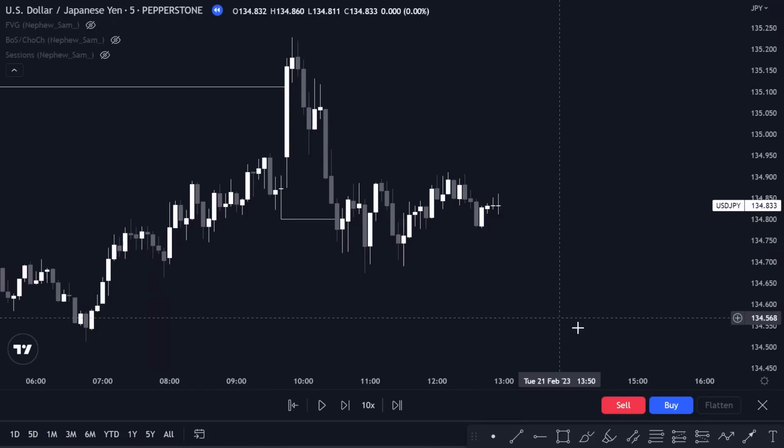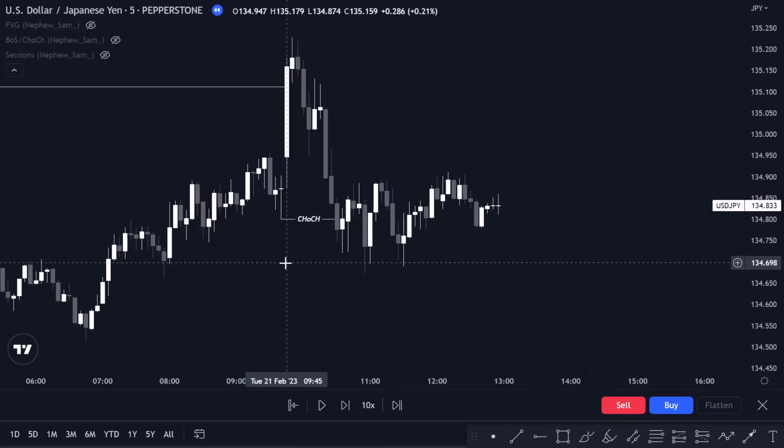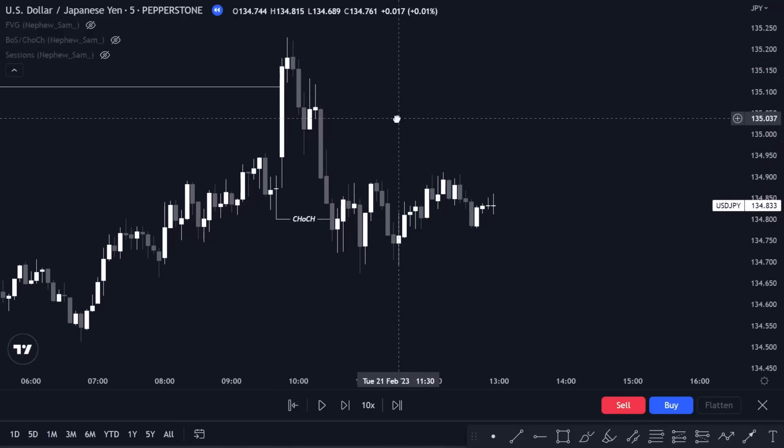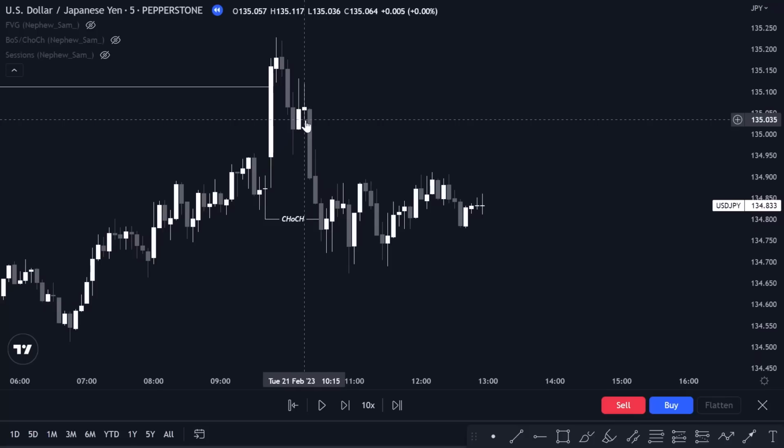You see this change of character right here. After the change of character, we need to look for a fair value gap or order block in this area. We had a fair value gap here that was partially filled, so I'm not interested. We have this fair value gap that was not filled.